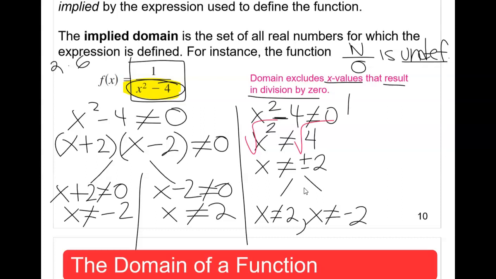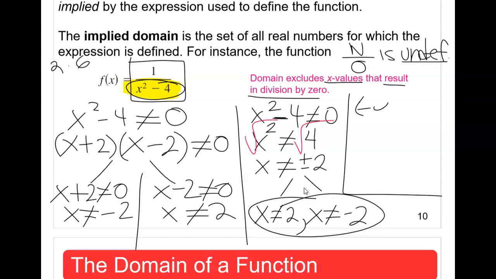So then when we write our domain, we will be excluding those two values. Now, if we want to write it as an interval, it will be from -infinity to the smallest number, which is -2, and then union with -2 to the largest value, 2.